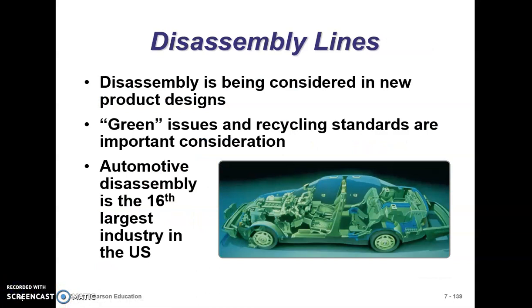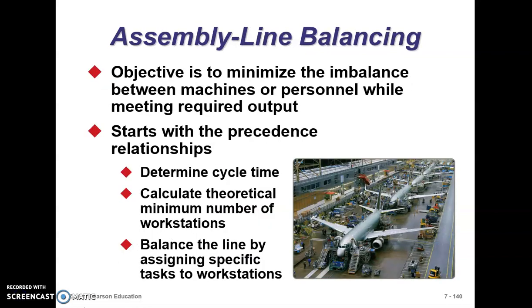Okay, assemble, we combine all the components, but for disassemble, we disaggregate, meaning that this one we use for green productions and green issues. Okay, for assembly line, normally they have their own calculation. This is just for your understanding, but we do not cover these calculations in our syllabus.